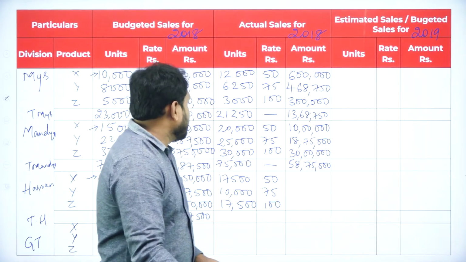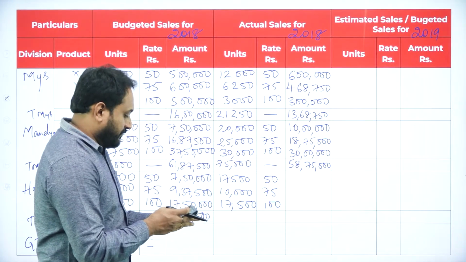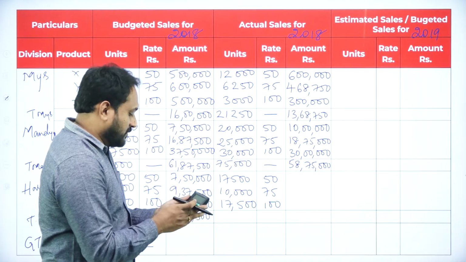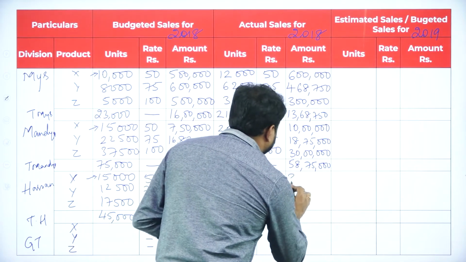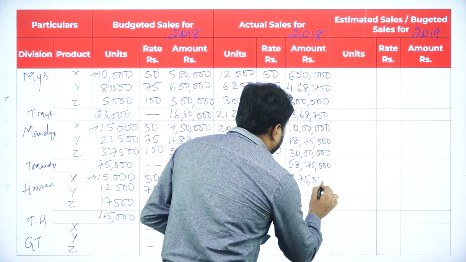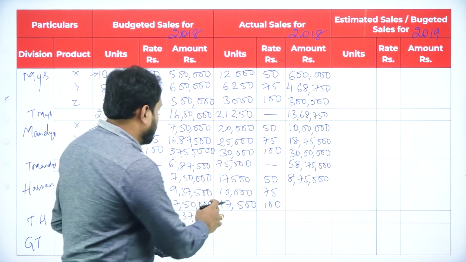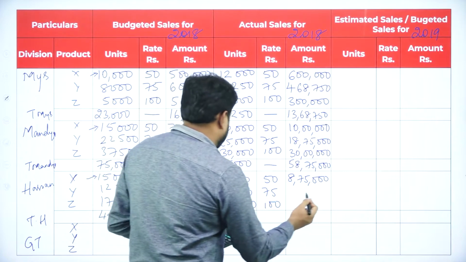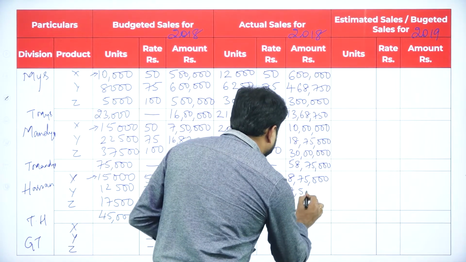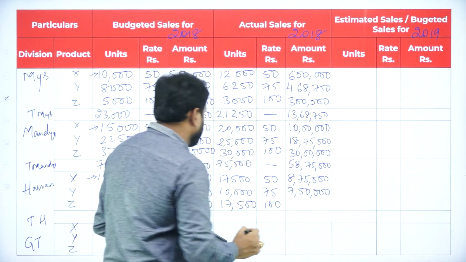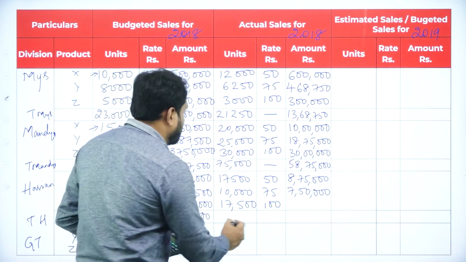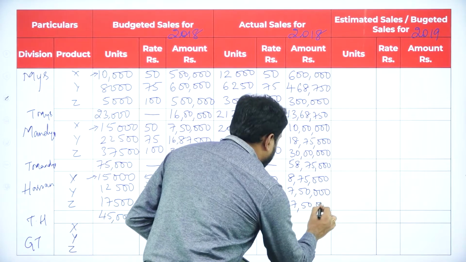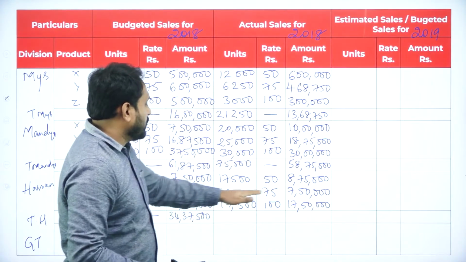So again, let's calculate this. 17,500 into 50. We got 8,75,000. Then here we get 10,000 into 75, that is 7,50,000. And the last one here is 17,50,000. So we got the answers.